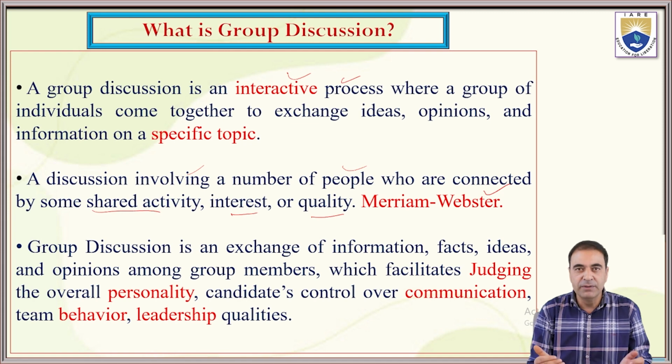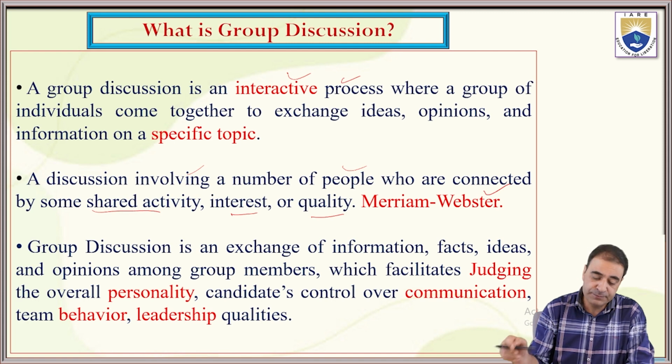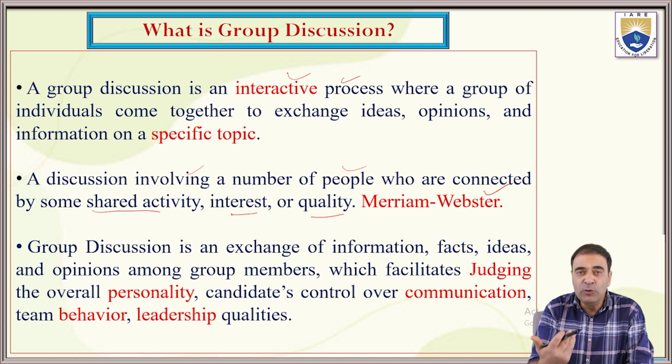Here, each member of this manufacturing company has the shared interest, and that shared interest is that they want to discuss the new pricing policies of their paints. That's why here each individual, or you can say the people who are involved in group discussion, are connected by some shared interest or shared activity.